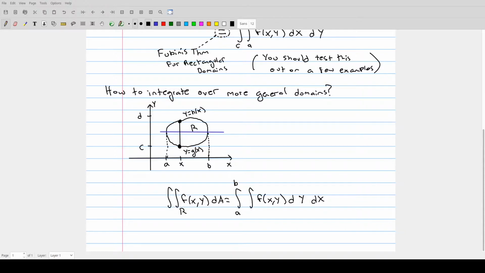Which means that as x slides from a to b, the lower boundary is governed by g of x, and the upper boundary is governed by h of x. So that's what our lower and upper bounds are going to be in the integral when we integrate. We're going from a lower bound of g of x, whatever that is at any x value, up to an upper bound of h of x. And this is the general way now that we have of integrating over a more general domain.